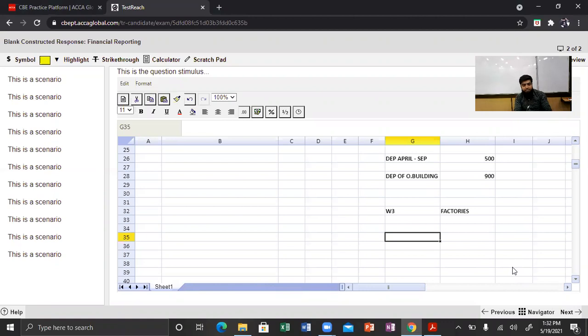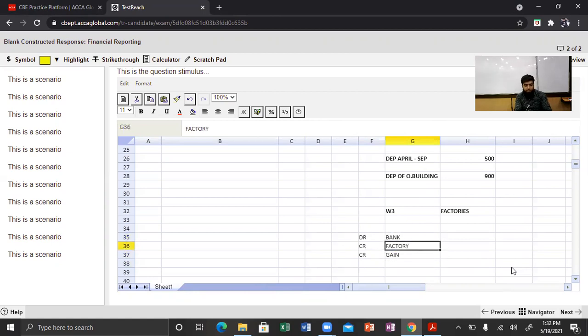If they have sold the asset, the entry should have been bank debit, and definitely, if bank is debited, the asset will be credited, and if there's a gain, the gain should also be credited. So the factory and the gain should have been recorded.